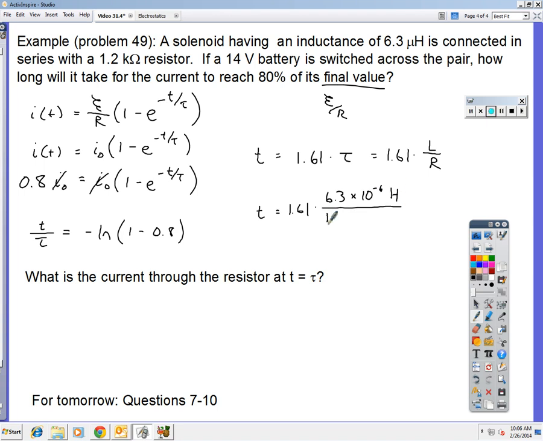The resistance is 1200 ohms. And the time equals 8.45 nanoseconds. So normally these circuits, the current rises very, very quickly unless the inductance is really, really large.